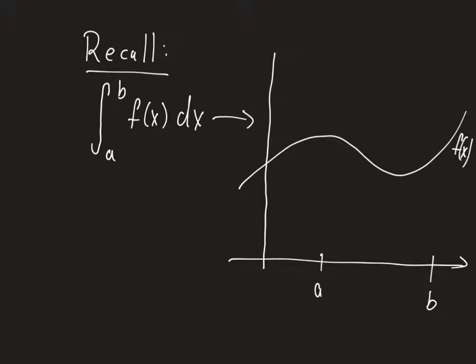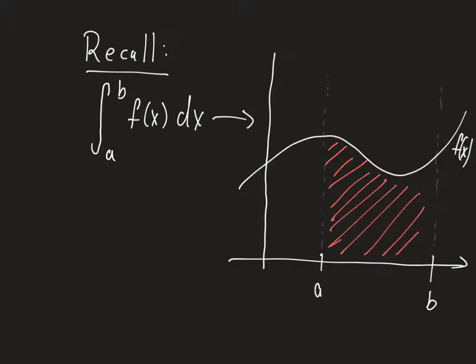Then what we are doing here is that we are measuring with this integral the area that is contained under this curve, or more specifically between this curve and the x-axis, and it is between the point a and the point b.